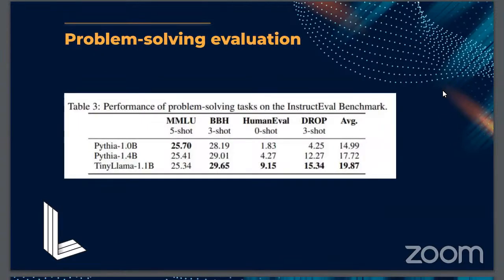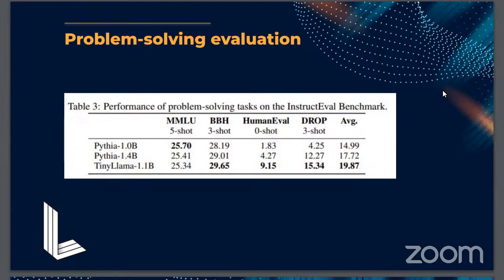And the last task, a problem-solving evaluation task, was the InstructEval benchmark. This benchmark contains 4 tasks: MMLU with 5 shots, BBH with 3 shots, HumanEval with 0 shot, and DROP with 3 shots.